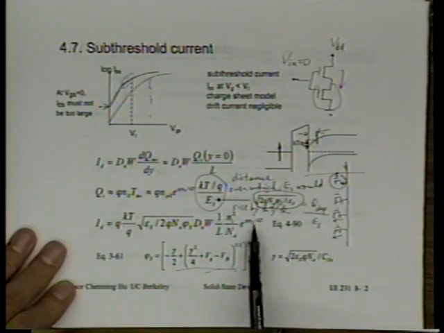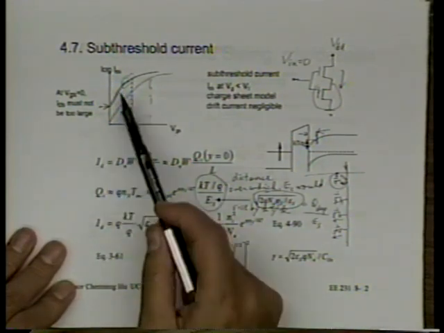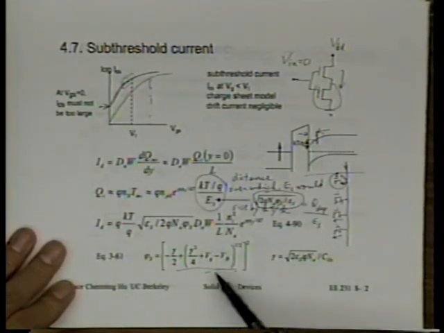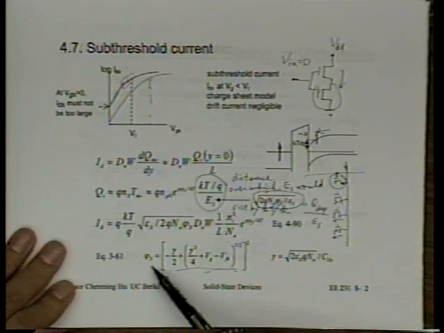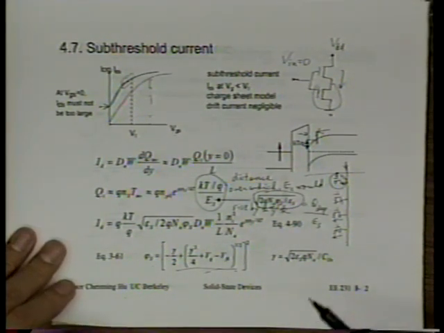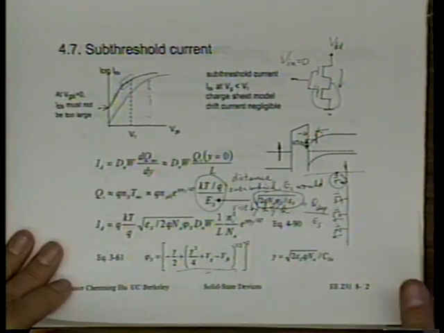So we're looking for a linear relationship between phi s and Vg, which will give us an exponential relationship between Vg and IDS, right? That's what we're looking for. That's very easy. You can always do this with, let's say, a Taylor expansion. But normally, we don't even introduce the final result by invoking the Taylor expansion.